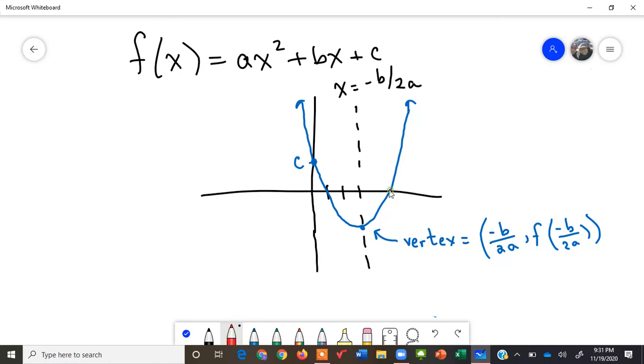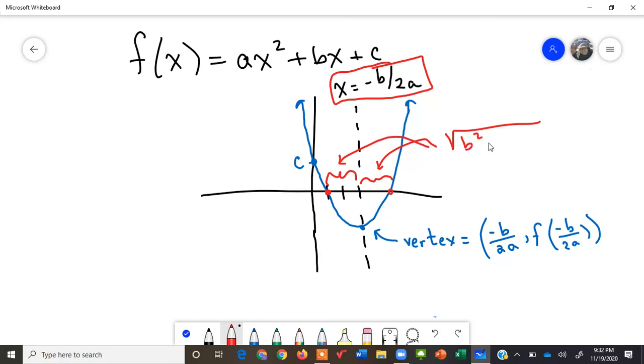And then our x-intercepts here are equidistant from the axis of symmetry, where this distance here is the square root of b squared minus 4ac all over 2a.